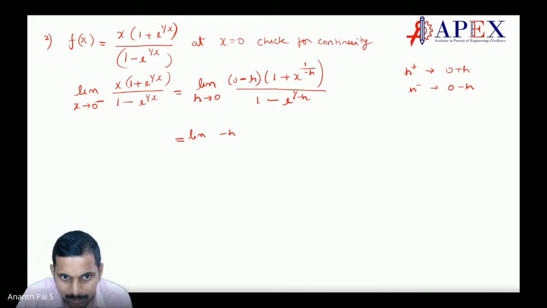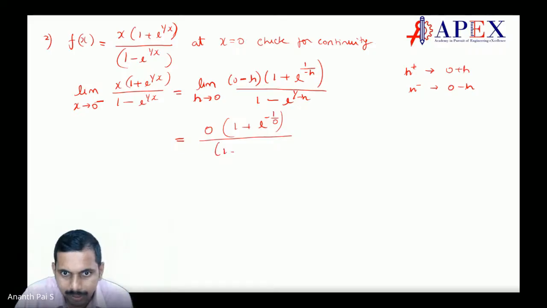So limit h tending to 0. Here you see, let us put it as 0, minus 0. We have to try substitution. And here this will be 1 plus e power minus 1 by 0, divided by 1 minus e power minus 1 by 0.